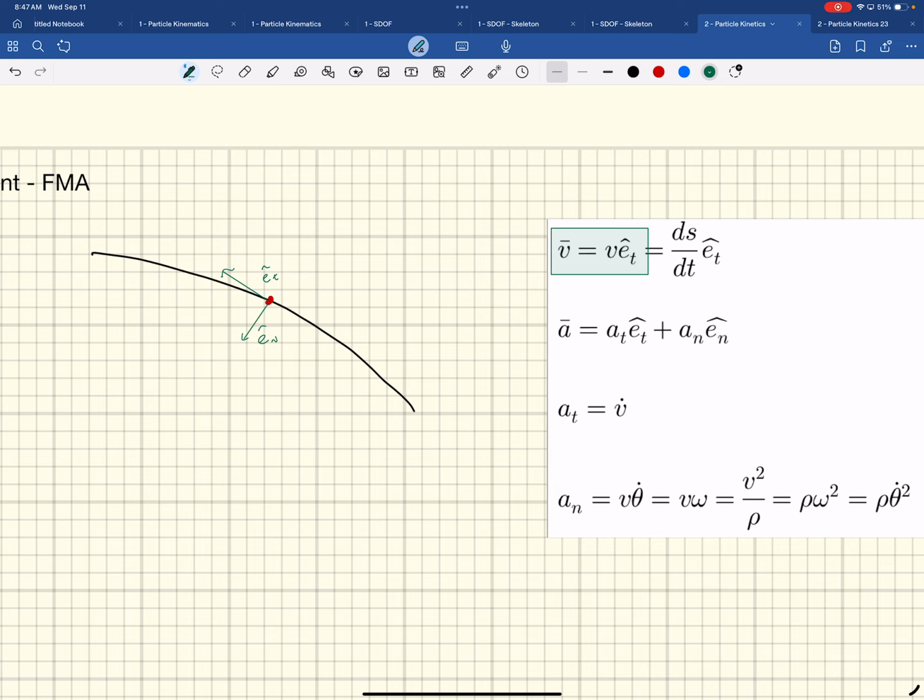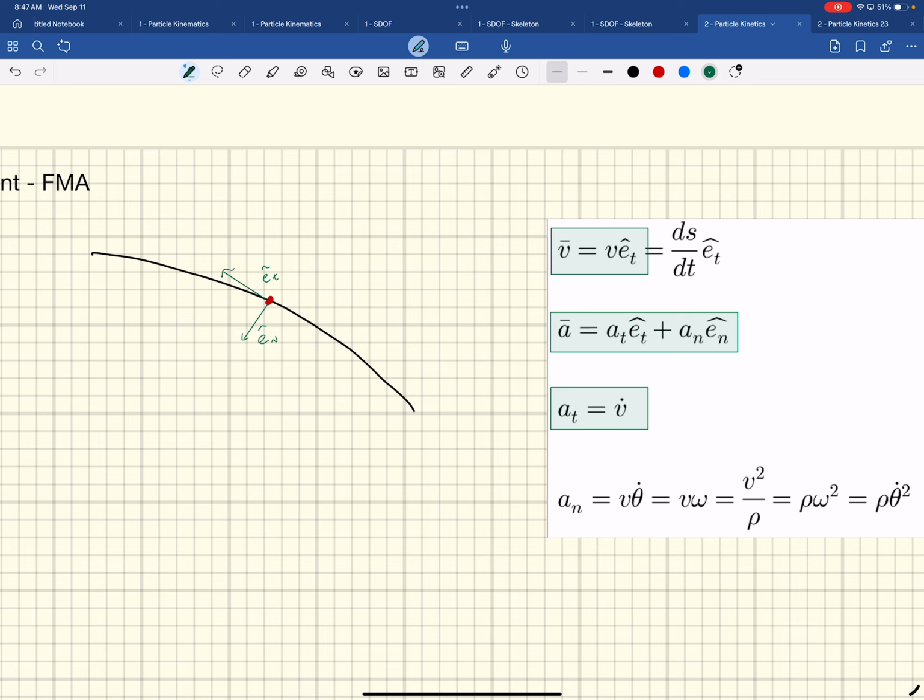The accelerations, which we need because we're gonna sum the forces and they're equal to the accelerations in these two different directions. We have the acceleration is AT in the ET direction and AN in the EN direction. AT was just the derivative of the velocity. It's your change in speed, your acceleration along the tangent path.